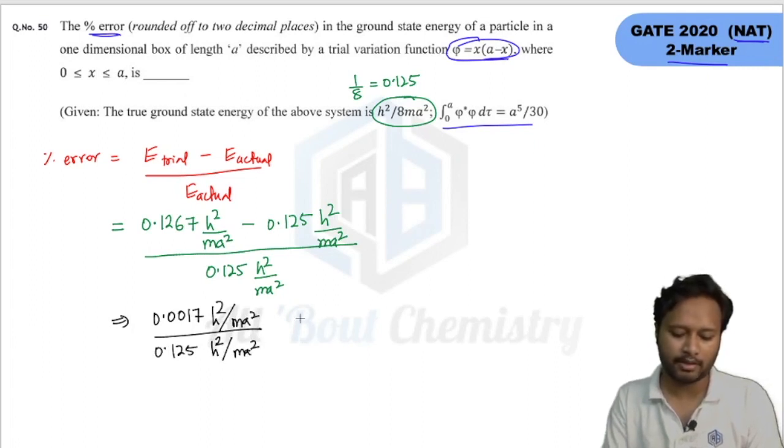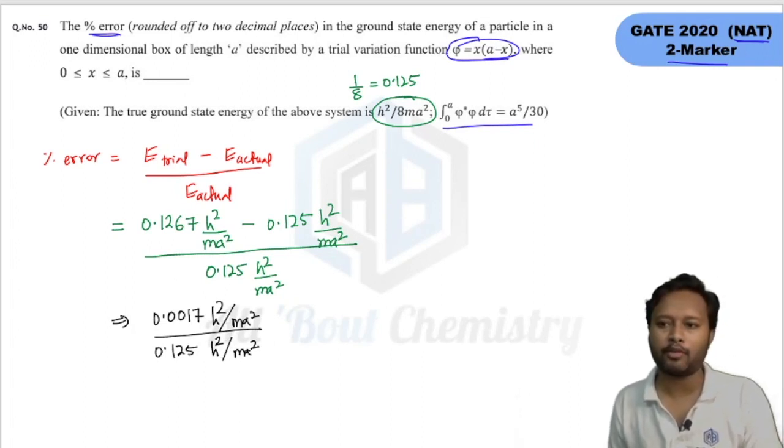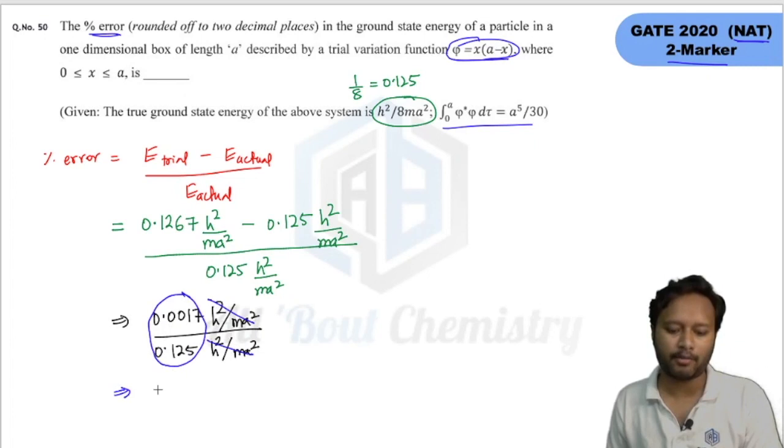So I can just divide this by 0.125, and because this part will get cancelled out, overall the value I am getting is 0.0136, okay. This is what I have got in terms of the fraction.